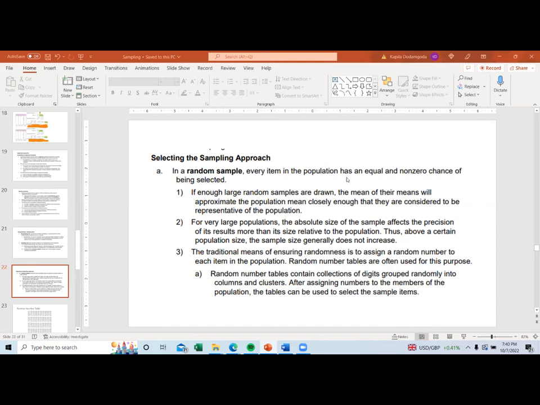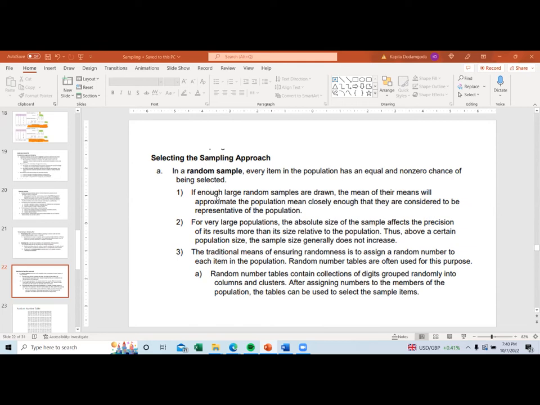Right. So let's see how we choose a sample. Now here we are going to look at how to pick a random sample. What do you mean by a perfectly random sample?